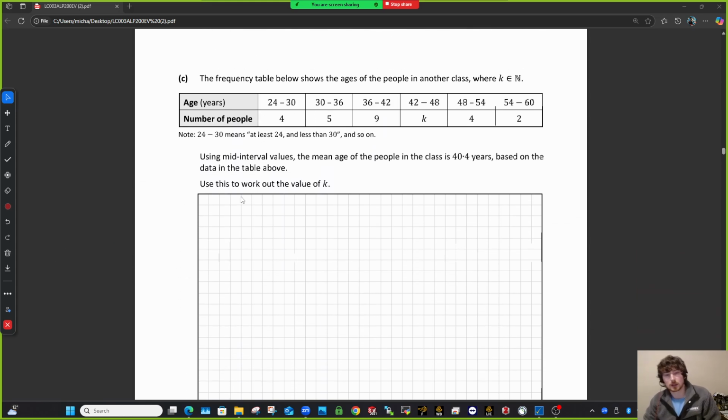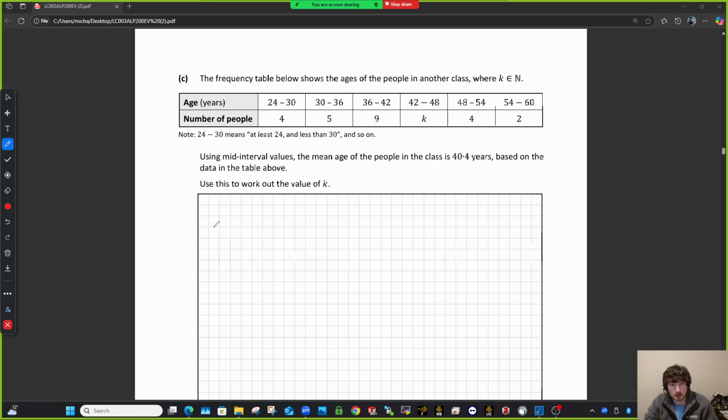Yeah, this was a reasonable question too, because again, sometimes people just don't take the time to learn how to work out means from tables like this, grouped frequency tables. So what you do, you want to show all your workings. Use the space below to show your workings.